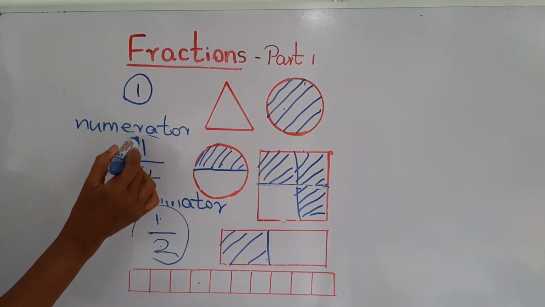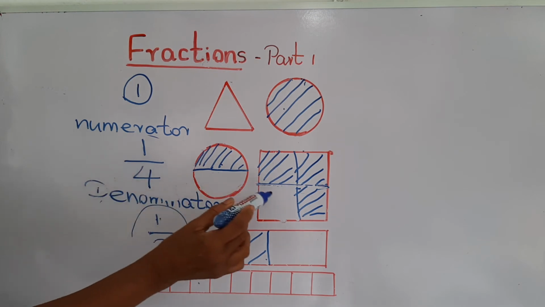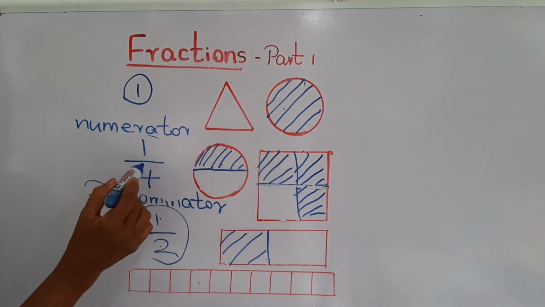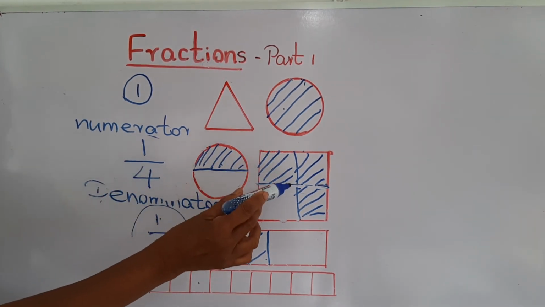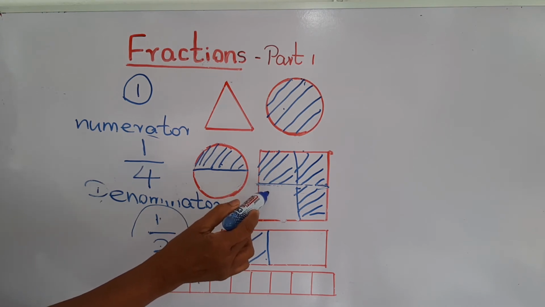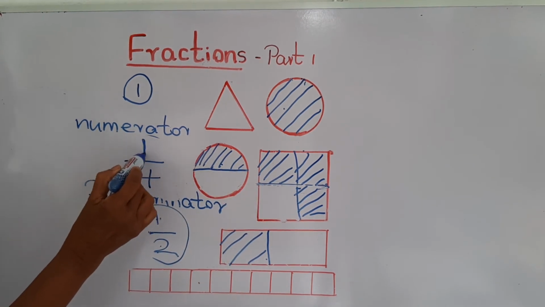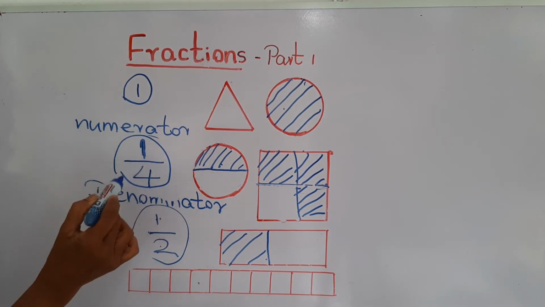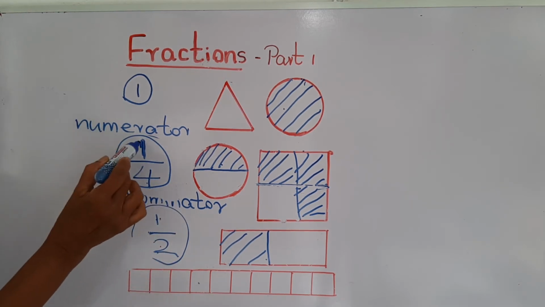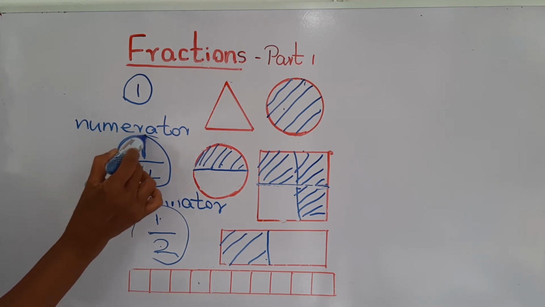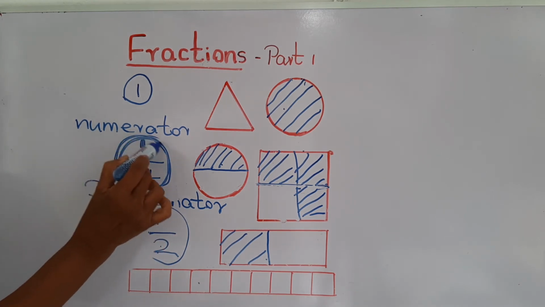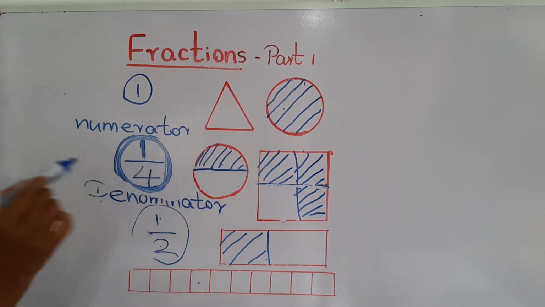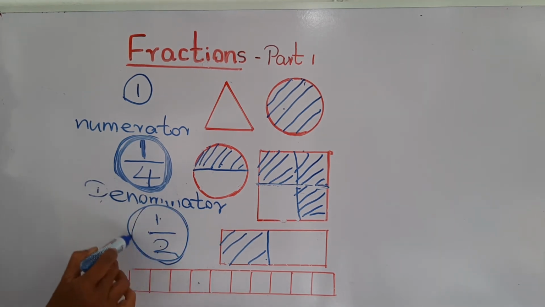Out of 4, the non-shaded part is 1. Then this is the fraction. Denominator is 4, numerator is 1. We call this fraction a quarter. This fraction we call a half.